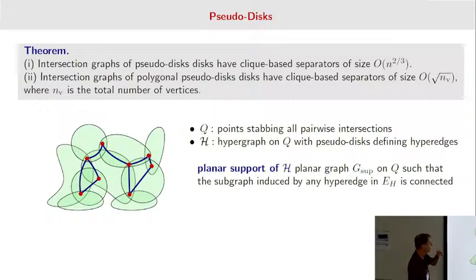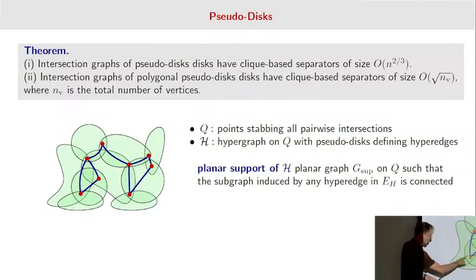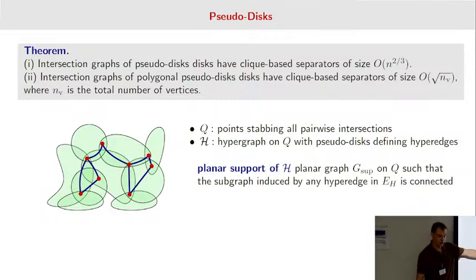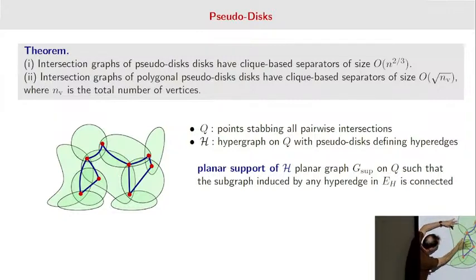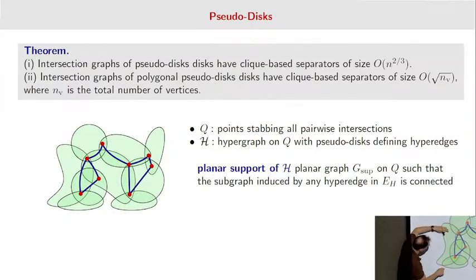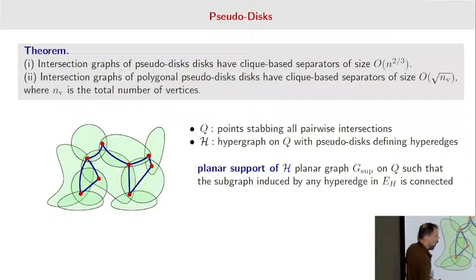Now if you look at the hypergraph where the nodes are these red points, each region defines a hyperedge, right? So I have a hyperedge like this, and for this thing I have a hyperedge like this, and here it's this one.